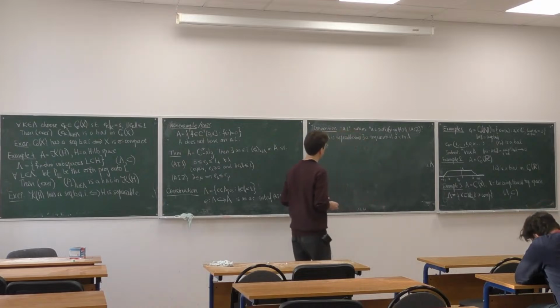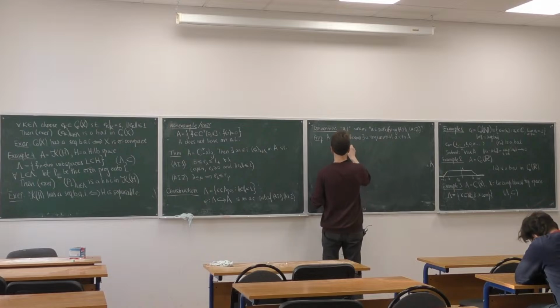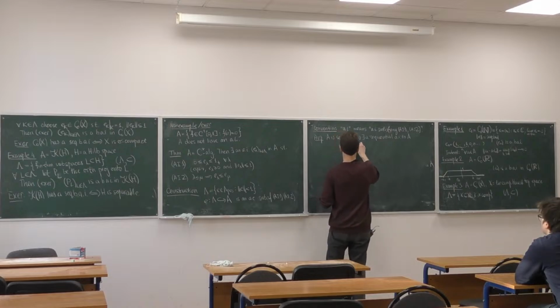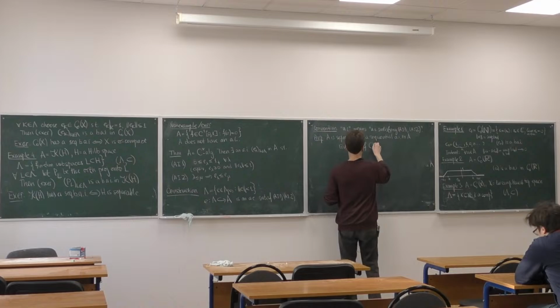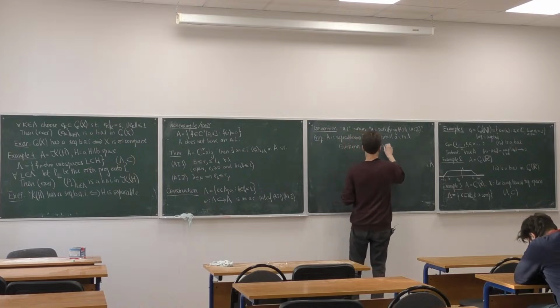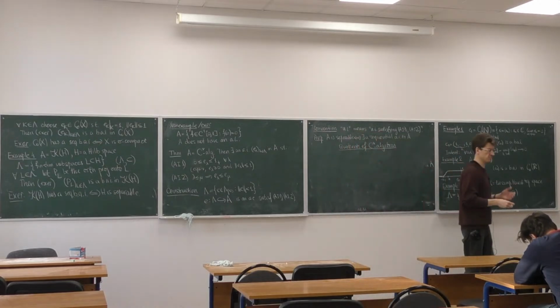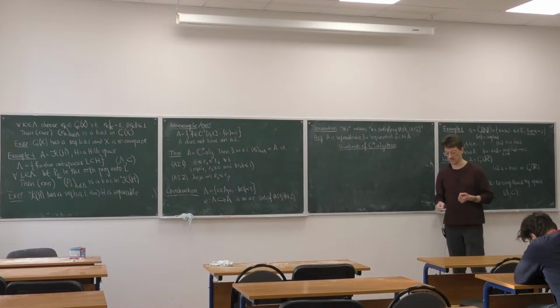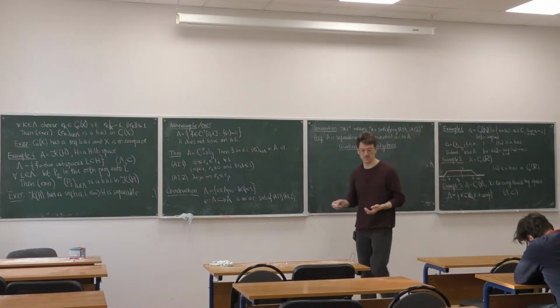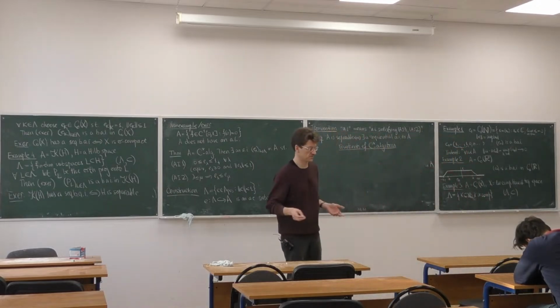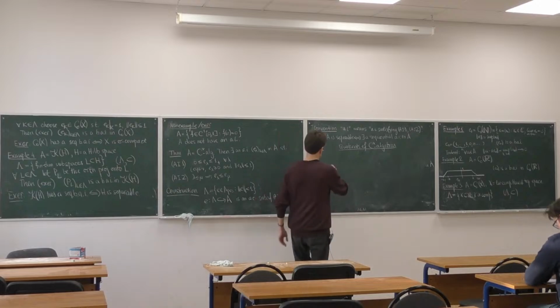Okay. Now, let me say a few words about quotients of C-star algebras. First of all, let's observe that in the setting of Banach algebras and Banach star algebras, the procedure of taking the quotient is quite straightforward.